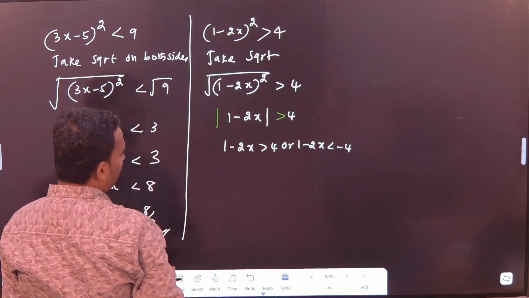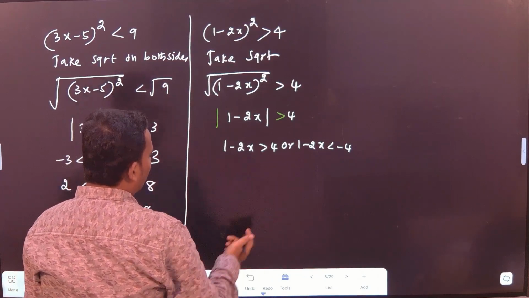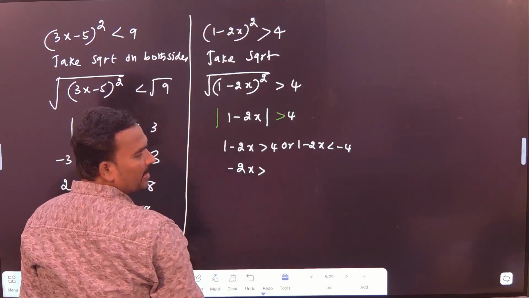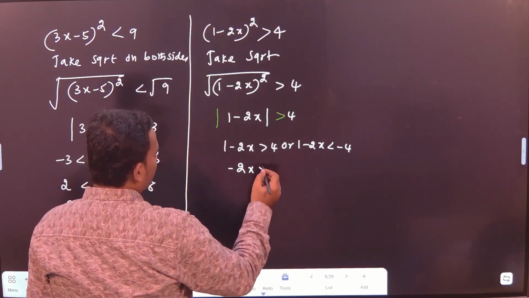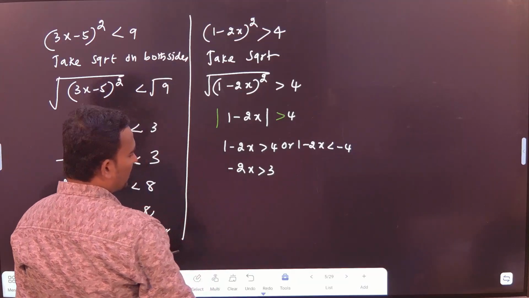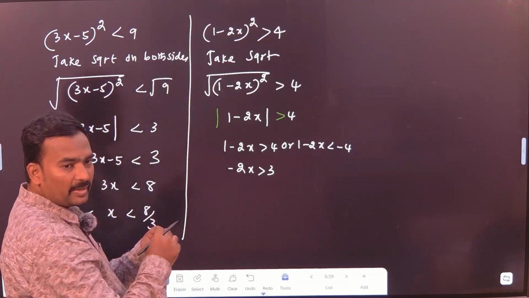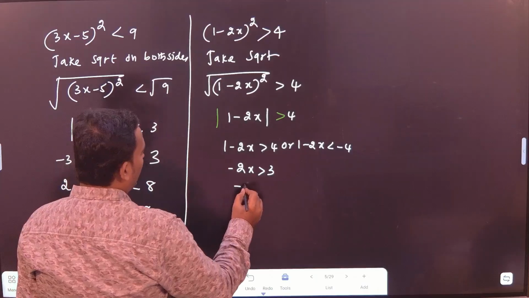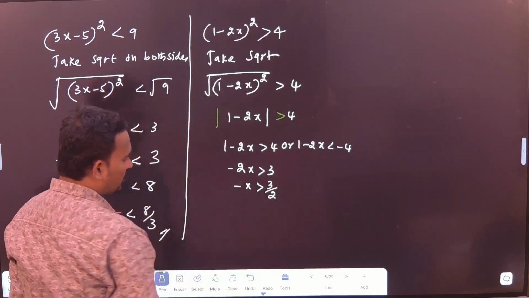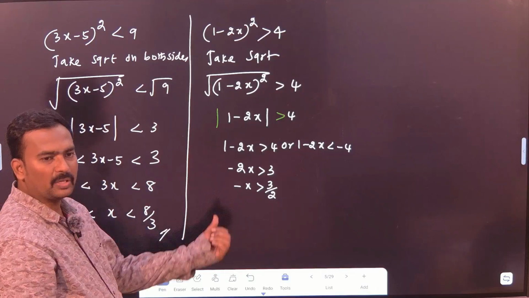So first, you can add minus 1. Minus 2x is greater than 4 minus 1, which is what? 3, right? So we need x here. You divide by 2 first. Minus x is greater than 3 by 2, right? So we need x, and the minus 1 is disturbing.